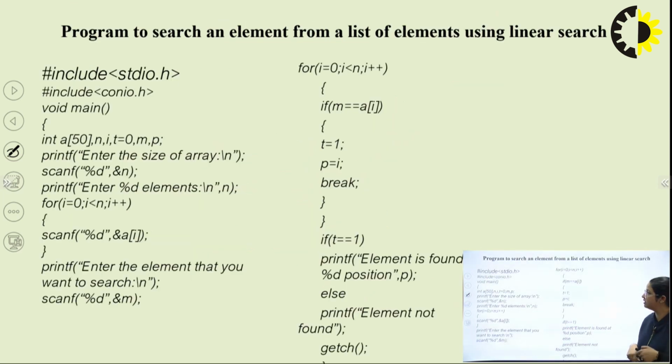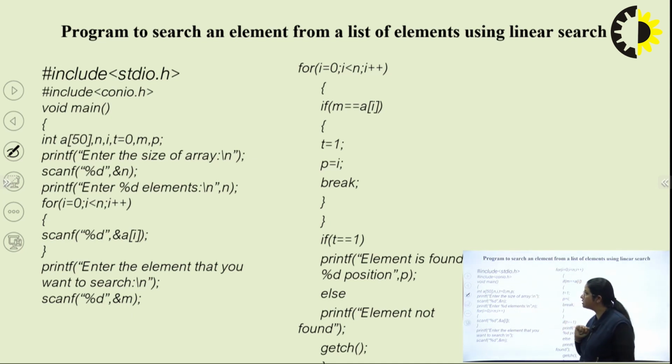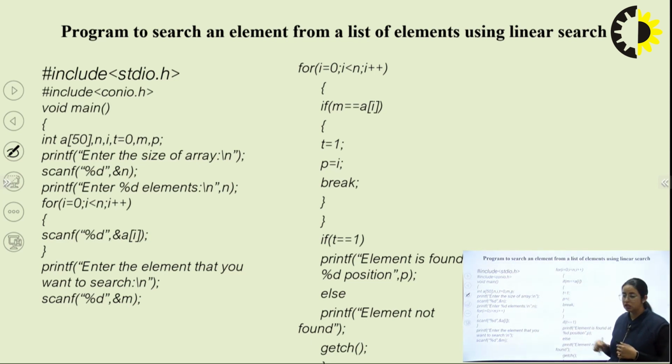Now we have one example program related to this searching. These are the header files. As you know, stdio.h is for formatted input output functions, and conio.h is for clearing the screen. These are the header files for the predefined functions we are going to use in this program.